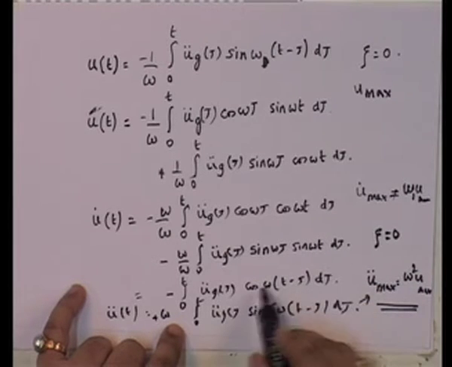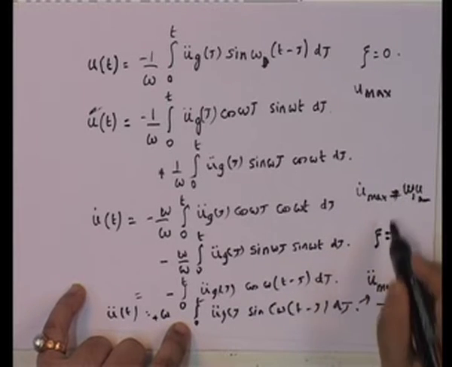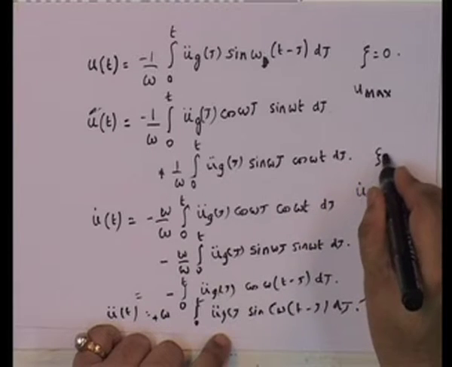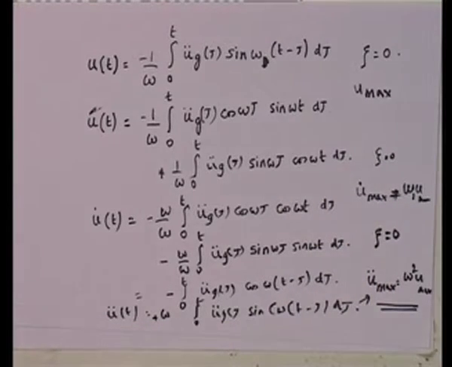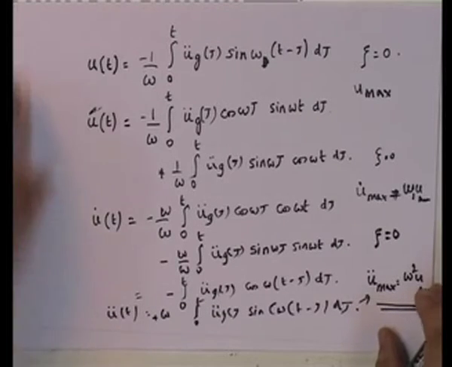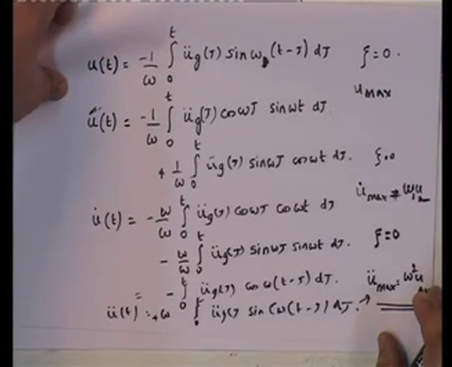Because this has a cosine. So even for xi equal to 0, u dot max is not equal to omega times u max, but u double dot max is equal to omega squared times u max. Of course, when the e to the power of minus xi omega t comes in, it becomes a little more complicated, and I don't want to get into those details right now, because they are not of relevance.